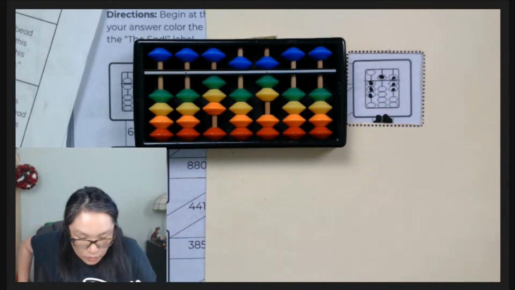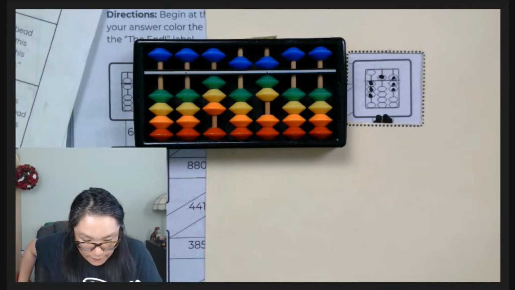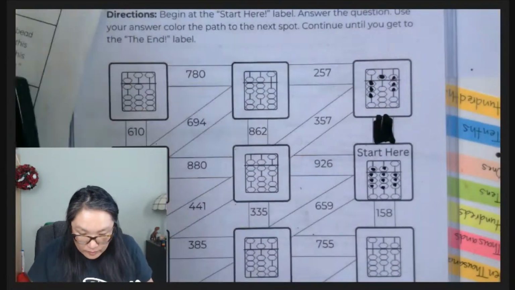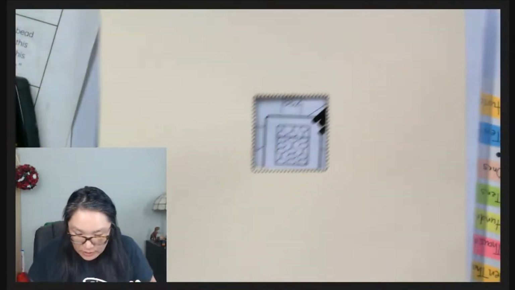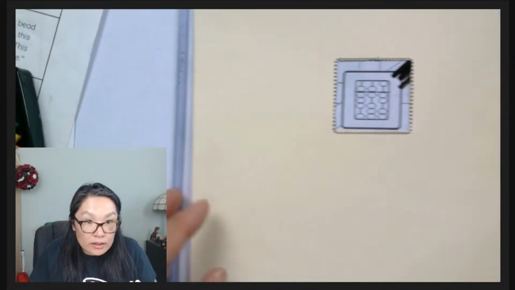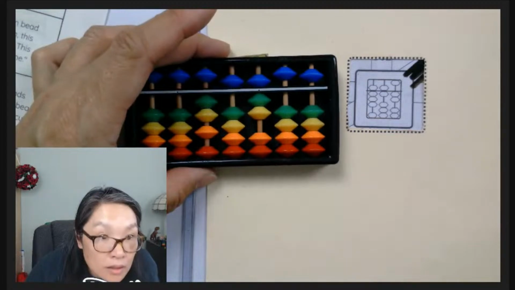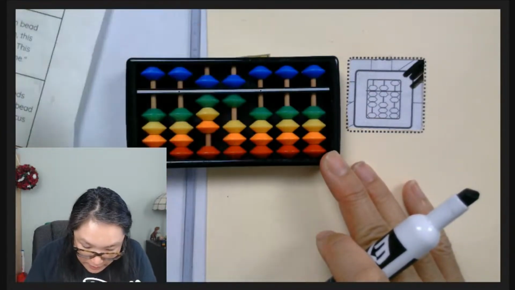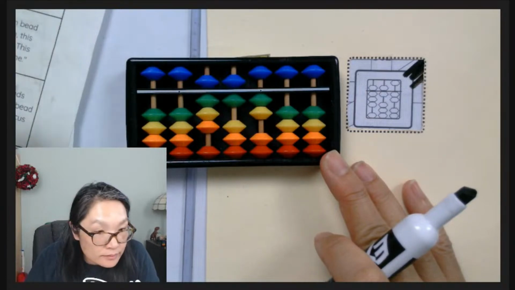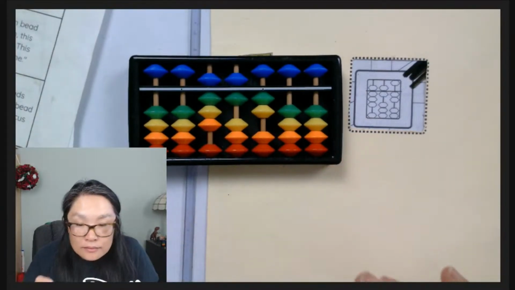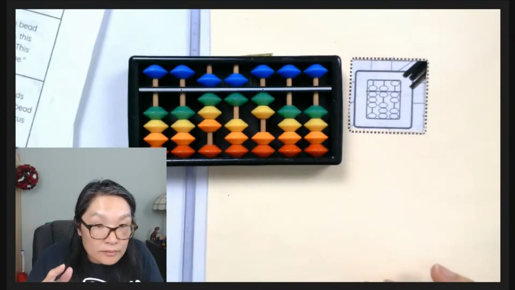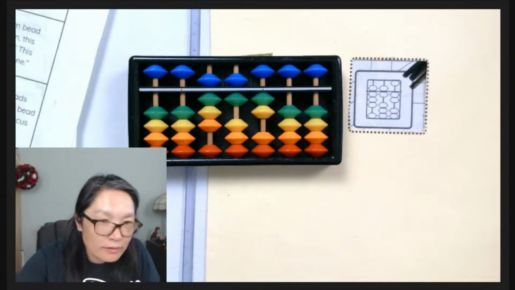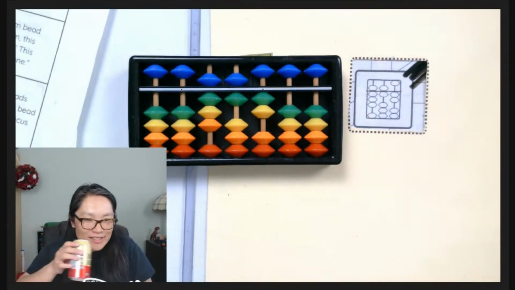Cat's on a roll. 357. Yes, thank you. 357. Okay, so we have this one. We have that. So what are we doing? We do this, that, and that. There we go.